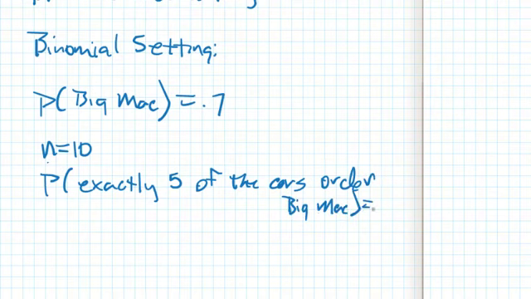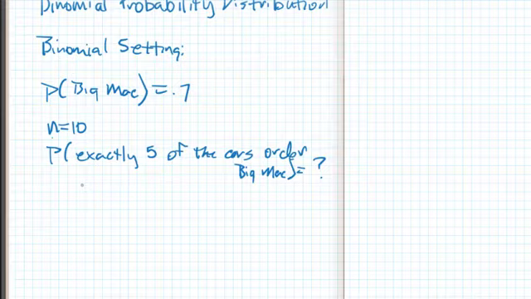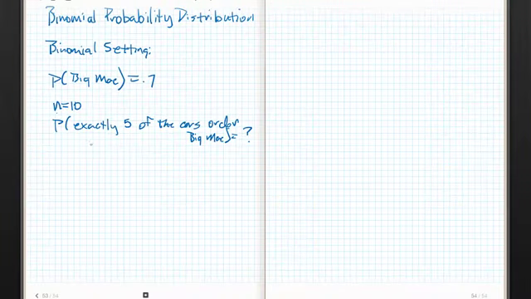Now, your spidey sense may be tingling here just a little bit. You may be saying, okay, Ripley, well, the probability of any car ordering a Big Mac is independent of any of the other cars ordering a Big Mac. So unless there's a whole crew of 20 people that just got out of a football game and they're all saying, let's go get a Big Mac, let's assume that that's not the case.